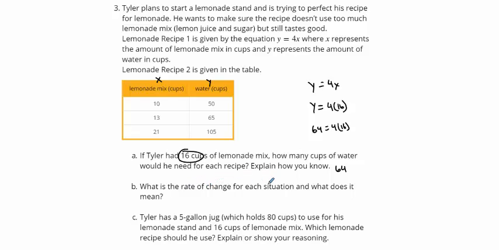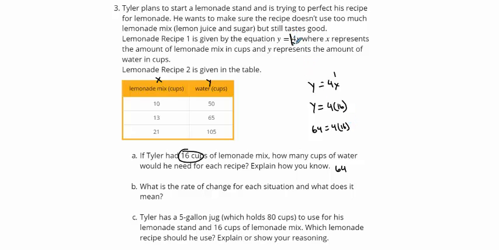What is the rate of change for each situation, and what does it mean? So if we had one cup of lemonade mix, how much water would we need? We need 4, right?